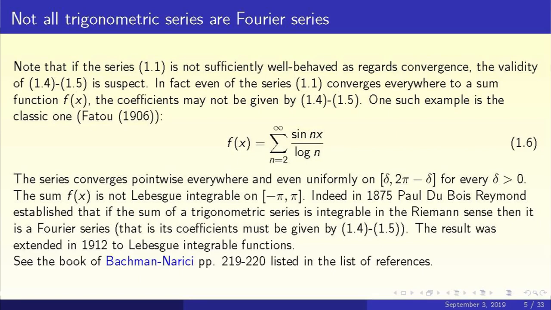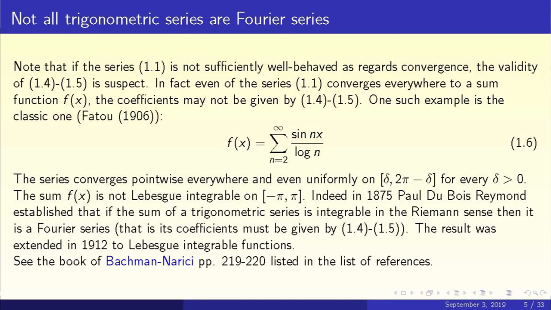Note that if the series 1.1 is not sufficiently well behaved as regards convergence, then the validity of 1.4, 1.5 is suspect. Our entire derivation is suspicious. In fact, even if the series 1.1 converges everywhere to a sum function f(x), the coefficients may not be given by 1.4, 1.5.